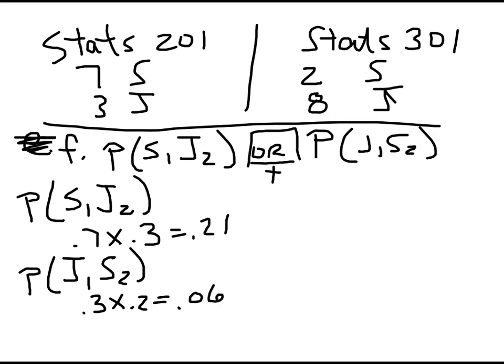So now we take 0.21 and we add 0.06, and that gives us 0.27. So that's problem number 1.